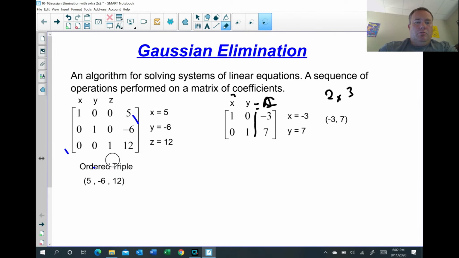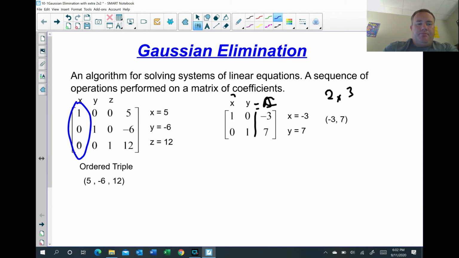What we are more worried about today, and I'll show it on both of these, is we want to see a 1, a 0, and a 0 in that first column. We want to see a 0, a 0, and a 1 in the third column. If we have that, you will be able to work what we call working backwards and solve the rest of the system on your own.